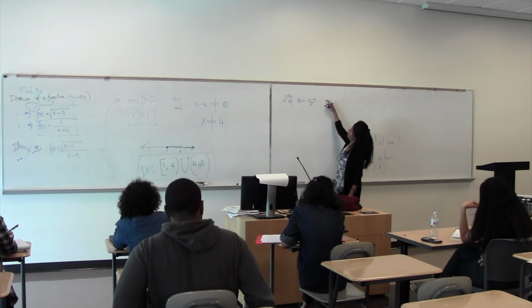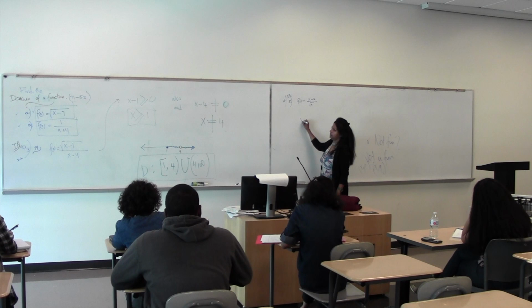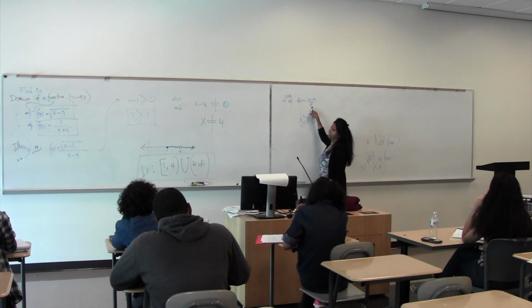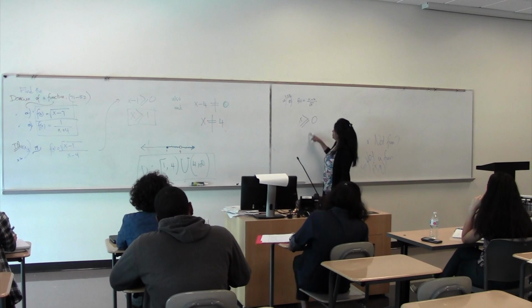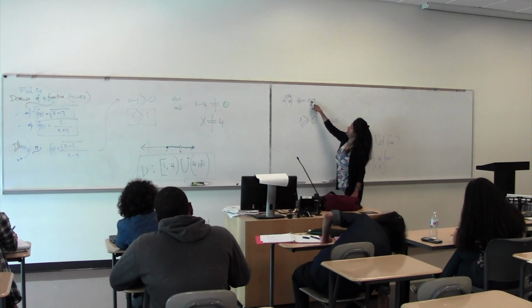So here we need to say this now. What's the first thing we are going to say? Can't be negative. X has to be greater than or equal to 0. That means X cannot be a negative number. It can also not be 0. Also, this is in the denominator.